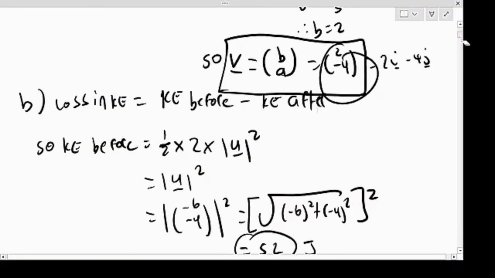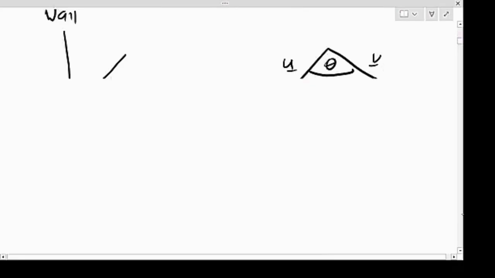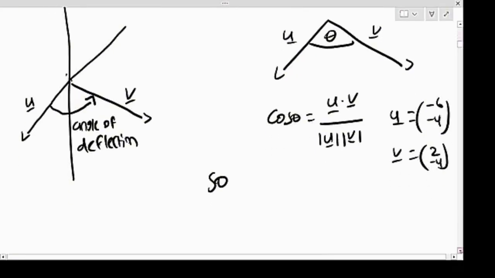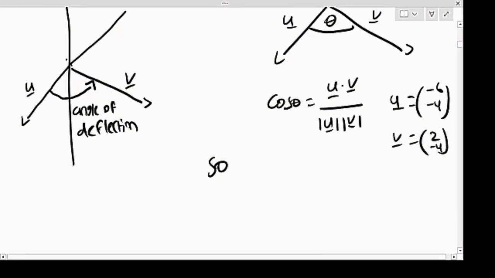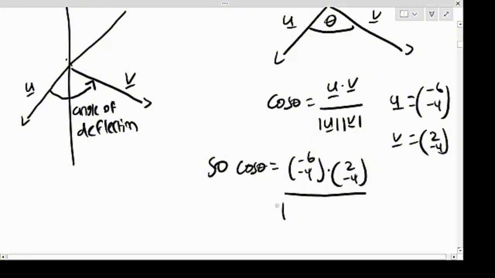Yes, 2, minus 4. So that's my two velocities. Therefore, if I calculate the angle between them using this formula, we're going to do the dot product: minus 6, minus 4 dotted with 2, minus 4, over the magnitude of both of them.